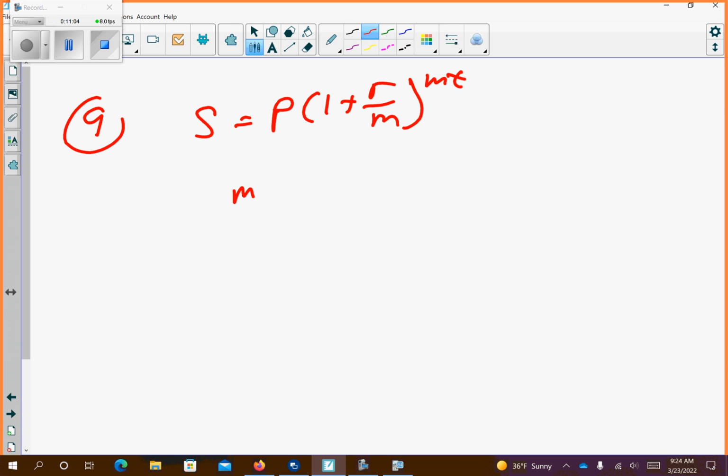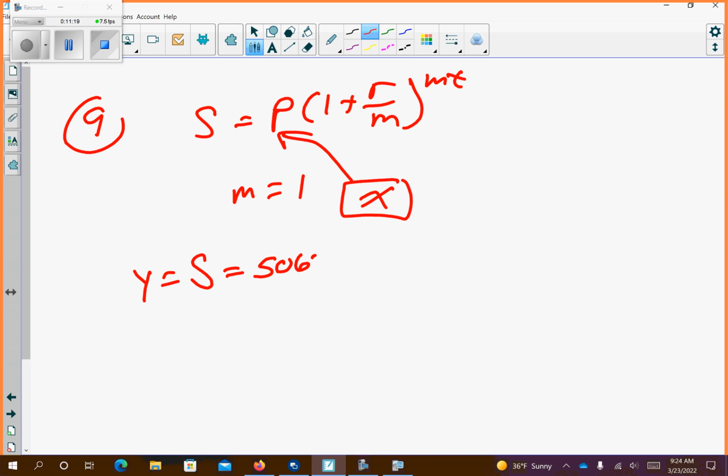So annually means your M is 1, and you're going to turn your P value into an X, and then plug in Y equals whatever the S value is. So S would have been 50,620. And then the other one, 1438 times 1 plus the rate, which we don't know.